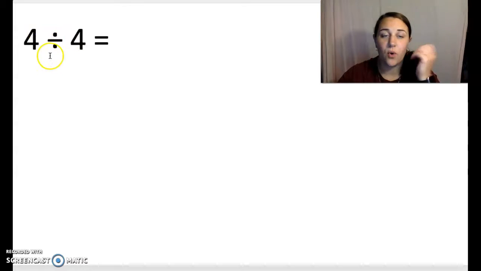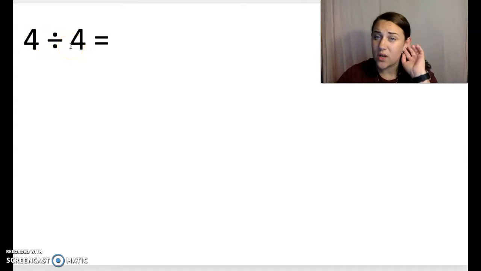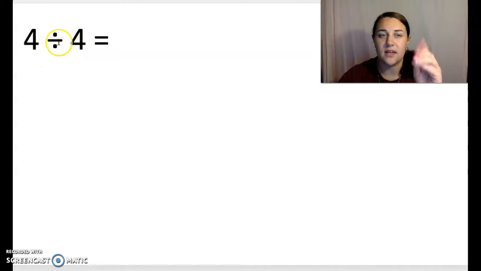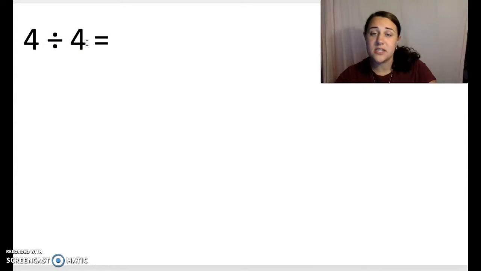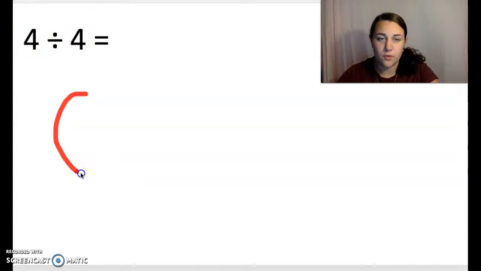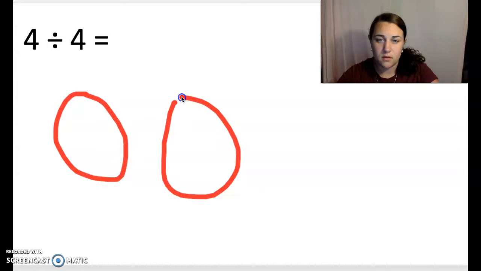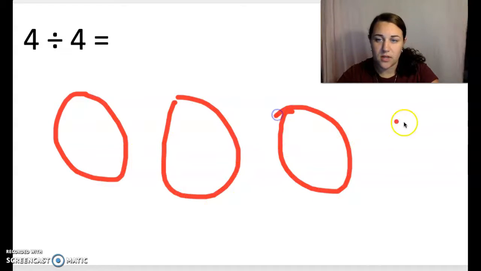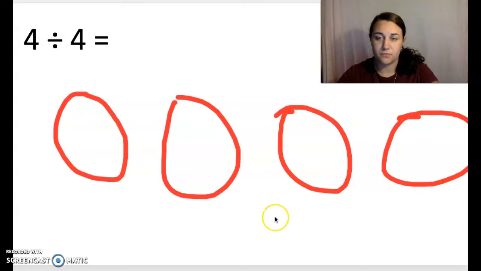Then we have 4 divided by 4 here. Any number divided by that same number is going to give you 1. But let's give it a try. So I have 4 that needs to be divided into 4 groups. So I make my 4 groups. 1, 2, 3, 4.